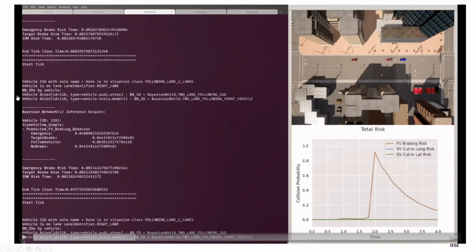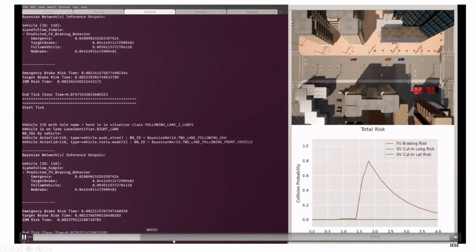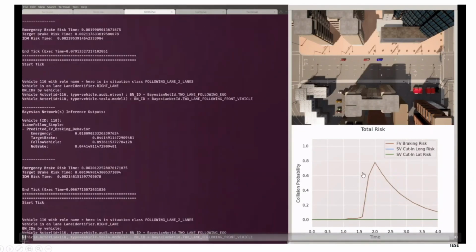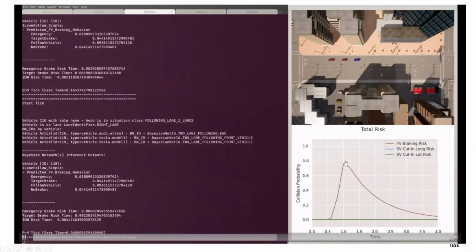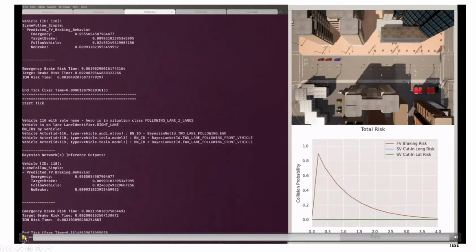And in every time cycle of our computation, we are dynamically picking the Bayesian networks for the respective actors that we are seeing here, and we are performing the inference of the behavior intents also dynamically, and compute this little graph here where we can see right now that actually the closer this is coming here, the closer also the risk is coming here, which we can use to generate these planning constraints possibly.